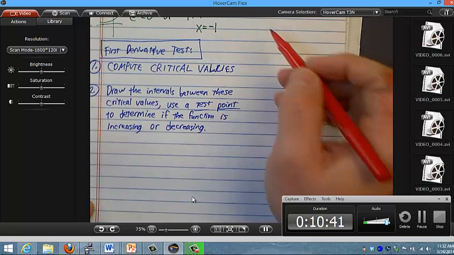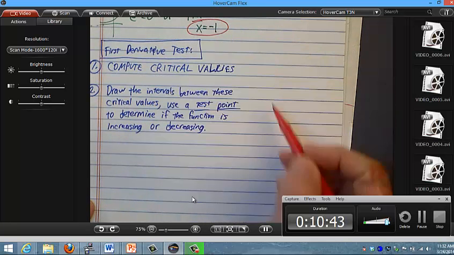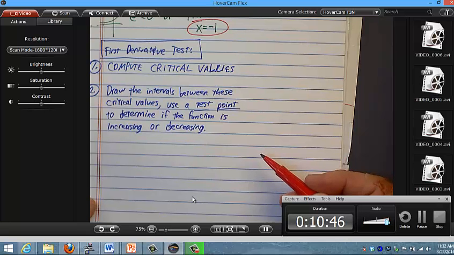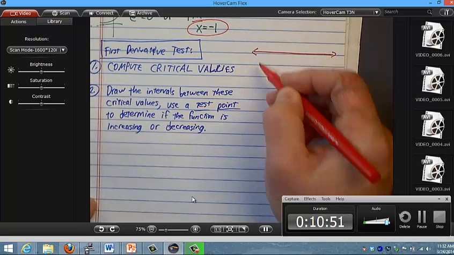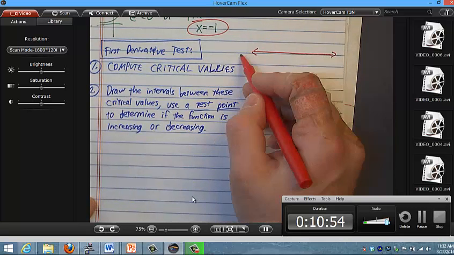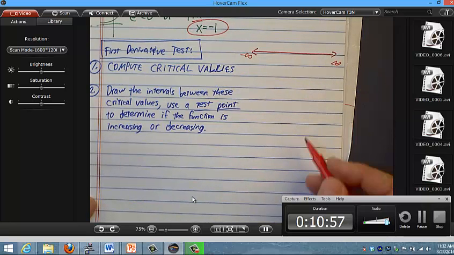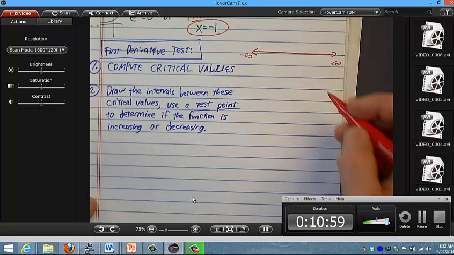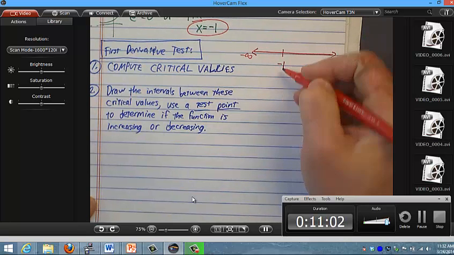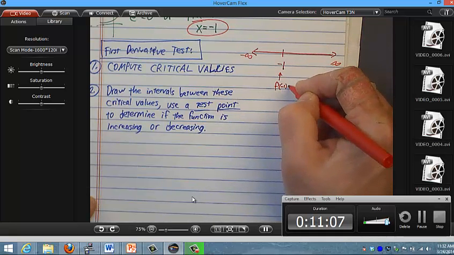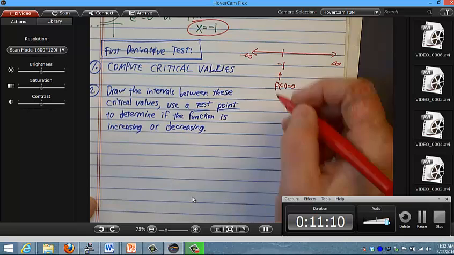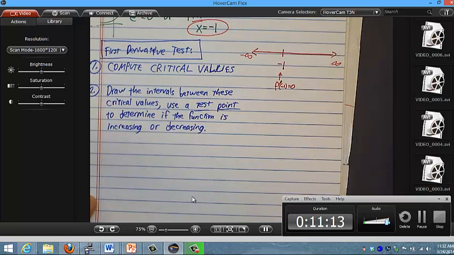I just figured out that I have a critical value at x equals negative 1. Remember, we said that x is allowed to be any real number, really from negative infinity to positive infinity, right? So I'm going to draw negative 1, and that's a critical value. I know that f prime of negative 1 is 0. So now you need to look at the intervals.